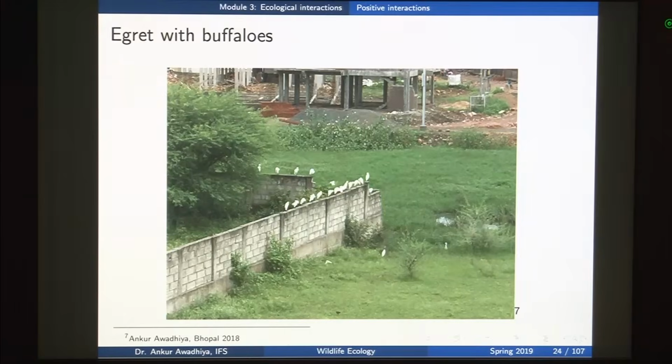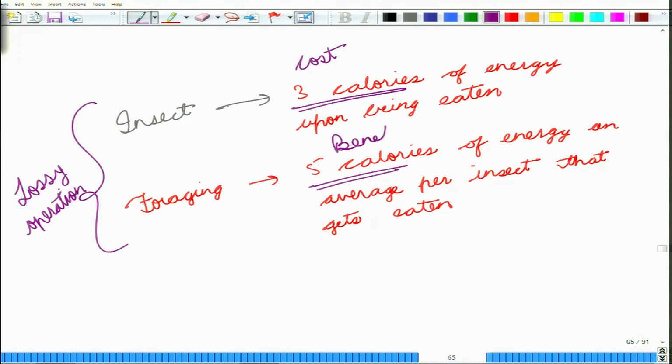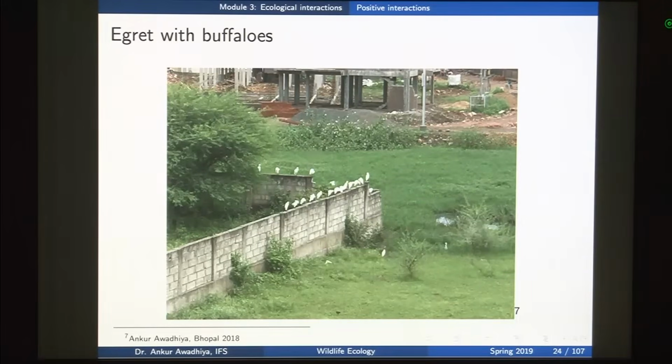So, on an average we would find that this would become a lossy operation, because the cost of getting the insect is much greater than the benefit that you will get out of eating that insect. So, the bird does not want to spend its energy, it does not want to get into a game that is lossy for it. So, this bird will not get down, it will just keep on sitting there. So, it will sit here, it will not get down.